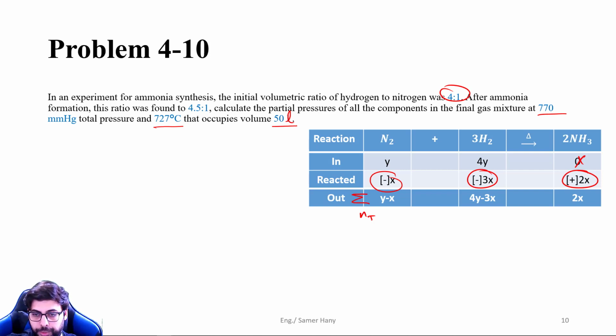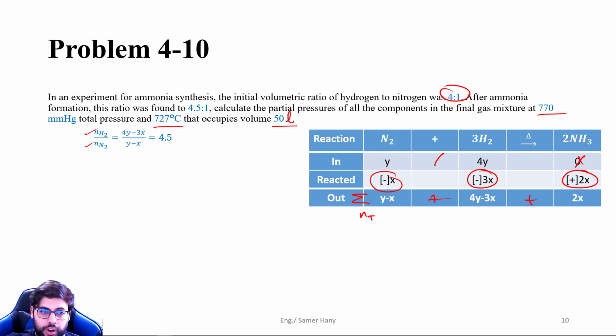All right. So the other given in this problem was that after the reaction, the ratio between hydrogen to nitrogen, H2 over N2, was found to be 4.5 to 1 instead of 4 to 1 as the inlet here. So what's the amount of hydrogen as a function of x?